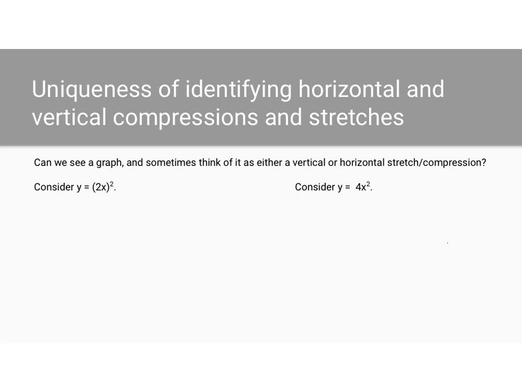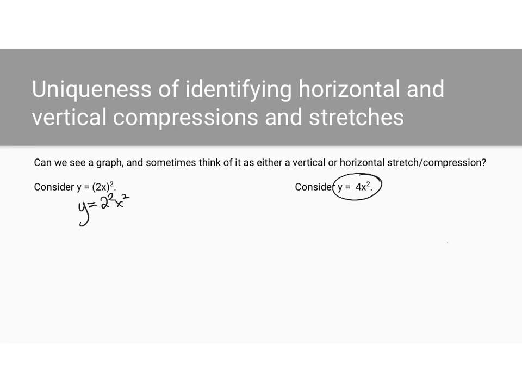All right, so for this slide, I just want to talk about the fact that there's not a unique way of identifying what's happening to a function. So for example, for this one right here, I could also think of this as being 2 squared x squared, which is the same thing as y equals 4x squared.